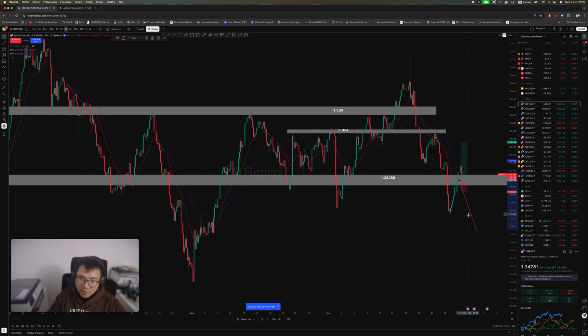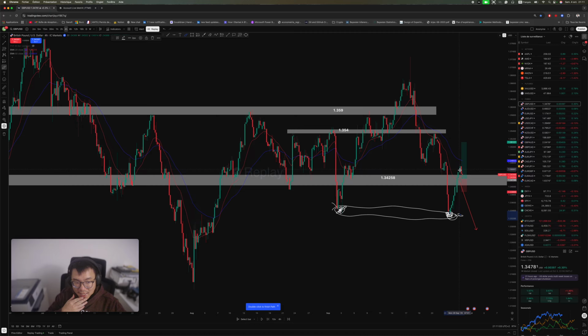But then I saw price move up quite aggressively. I saw that it formed some sort of key level here, because in the past price already reversed from this level, and it was doing the same thing: it rejected the level and came back.